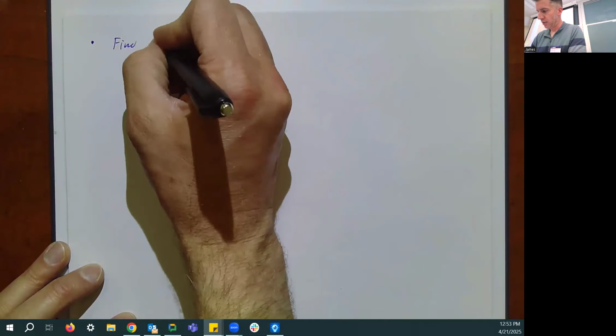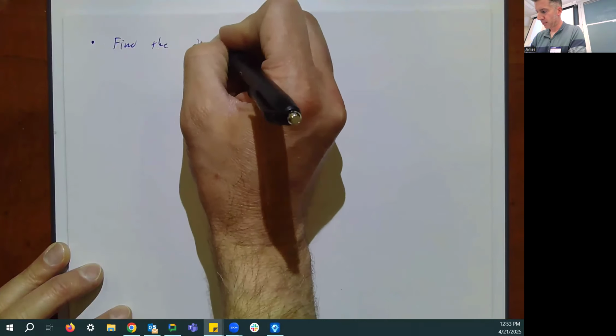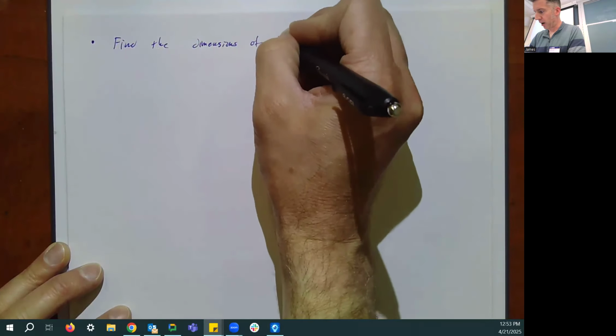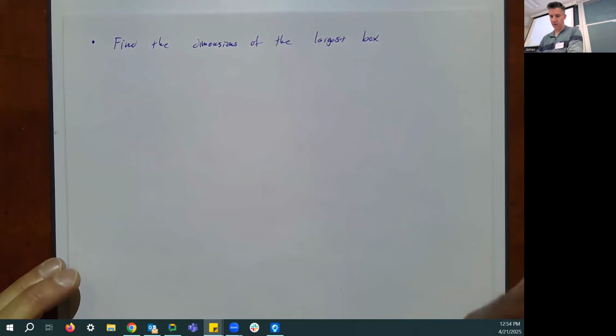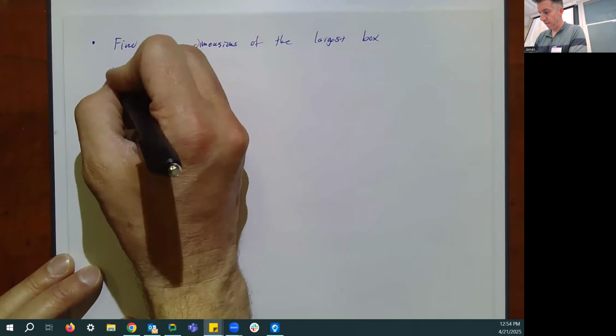Find the dimensions of the largest box. When we say box, we mean a rectangular box, by volume.